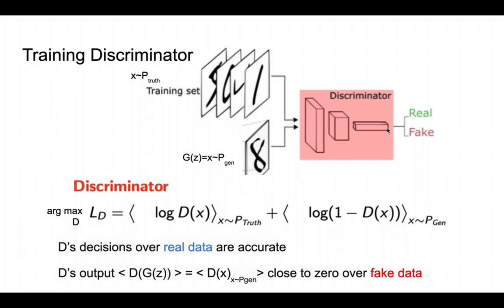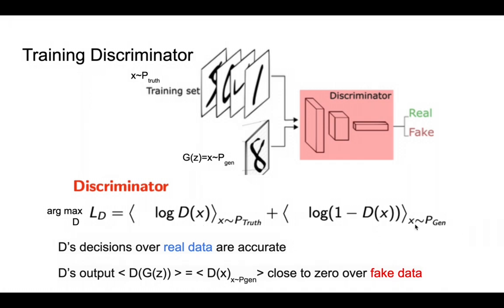The output of the discriminator is to determine whether the data is real or fake. The loss function of the discriminator can be constructed from the discriminator score. When the input is the true data, this discriminator score aims to be close to 1. That is the maximum.